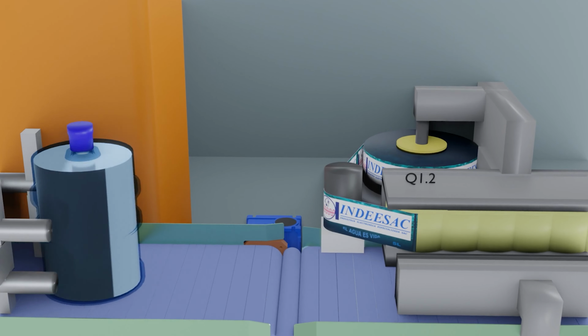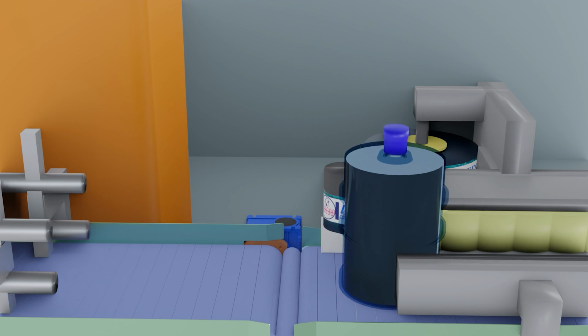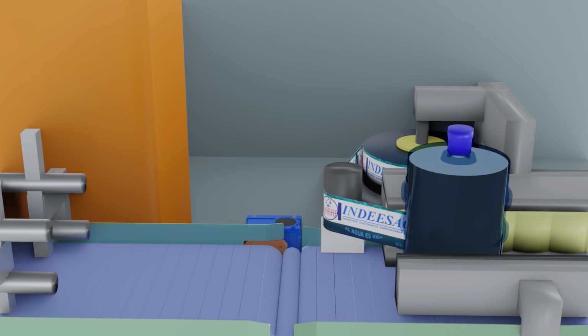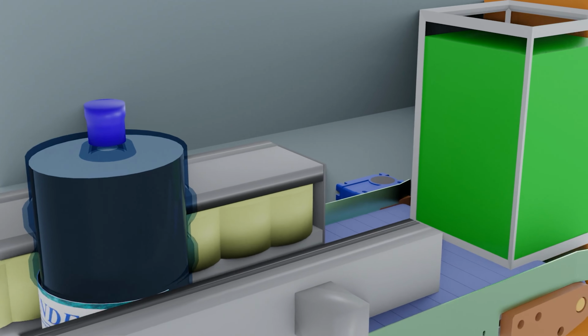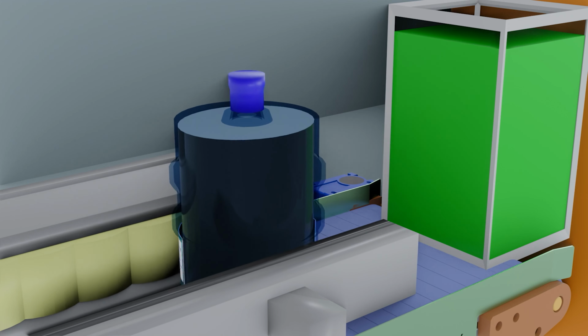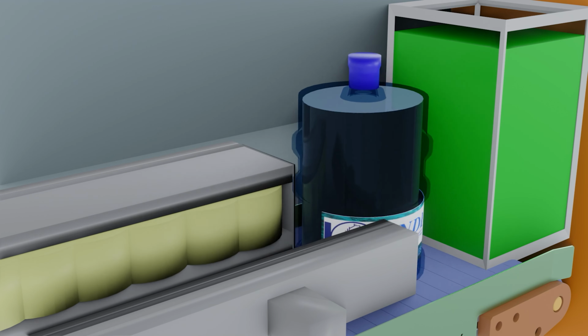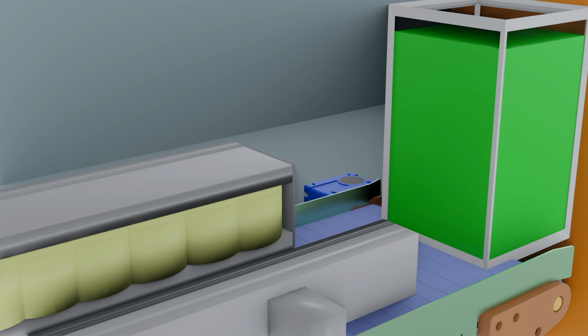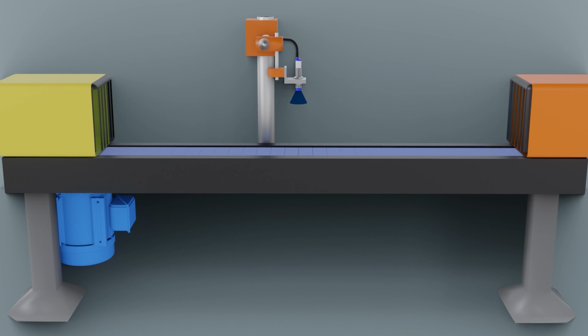Finally, the labeling process. Next is a soda can counter machine, which uses an inductive sensor, which verifies if the cans are closed.